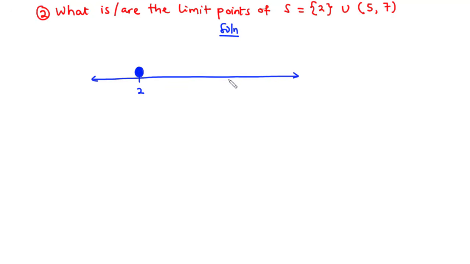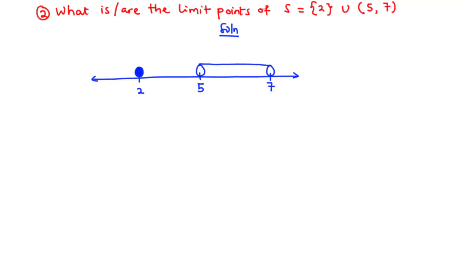Union, we have the interval 5, 7. So this is an open interval, so we represent that with open circles, or better still, hollow circles. So the set S is made up of elements 2 and then elements between the open interval 5 and 7.